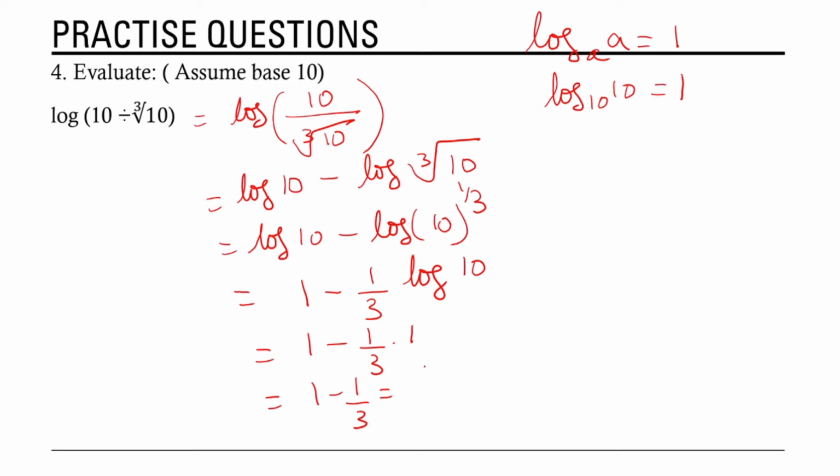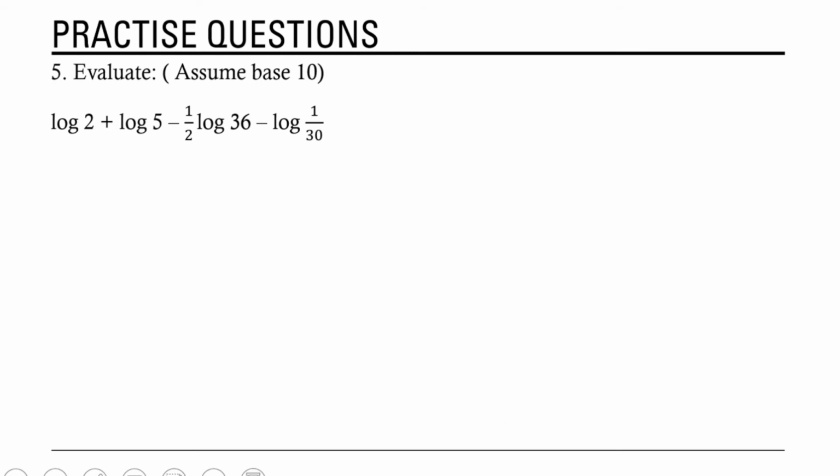Taking the LCM as 3, I am getting 3 minus 1 divided by 3, which is 2 by 3. So the value of log of 10 divided by cube root of 10 to the base 10 is equal to 2 by 3.